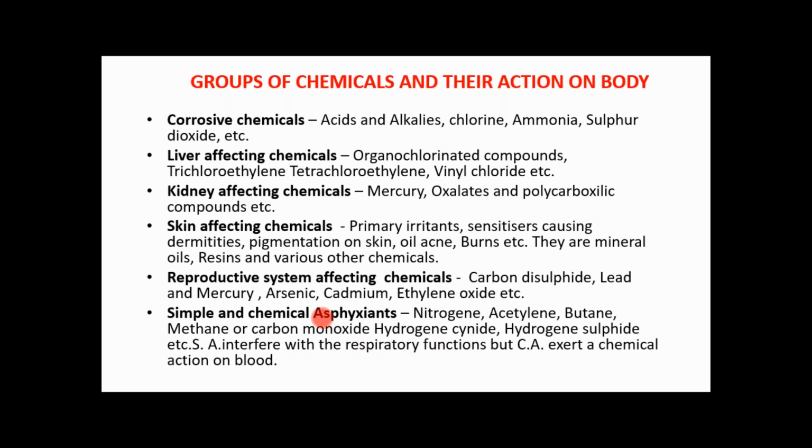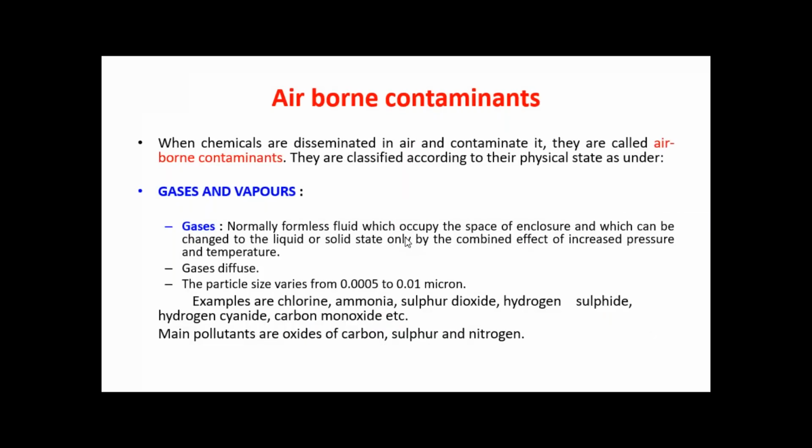Asphyxiant means the chemicals which give us the feeling of suffocation. When we do not have a sufficient amount of oxygen to breathe, the chemicals are called asphyxiants and the feeling is called suffocation. So these are the different groups of chemicals and their action on our body.